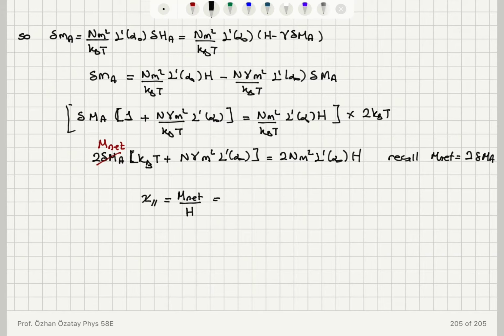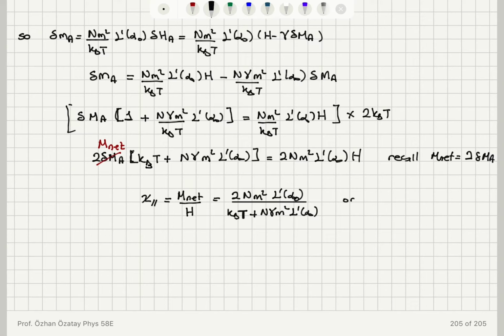It is equal to 2NM squared Langevin function derivative at alpha 0 divided by kBT, plus N gamma M squared Langevin function derivative at alpha 0.